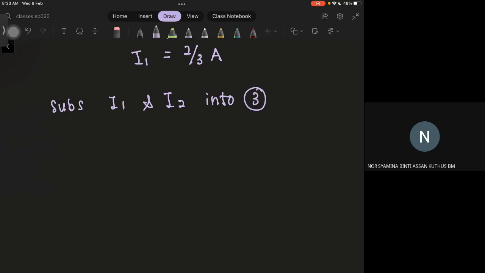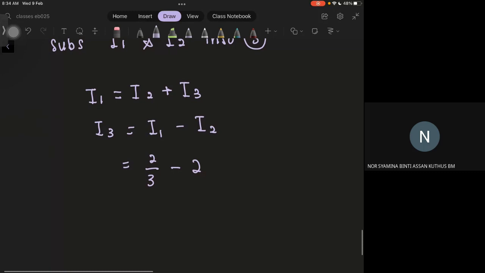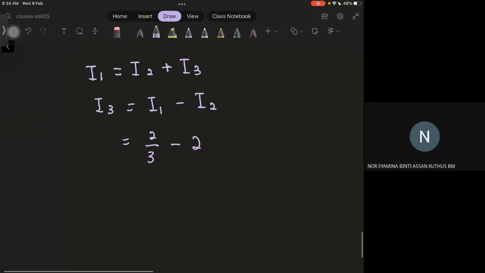So, KCL, keluarkan dulu equation 3 kita. I1 equals to I2 plus I3. I3 will be equals to I1 minus I2. I1 is 2/3 ampere minus your 2 ampere. Jawapan dia negative 1.33 ampere.